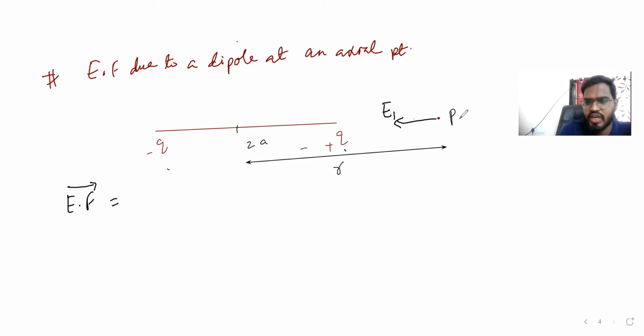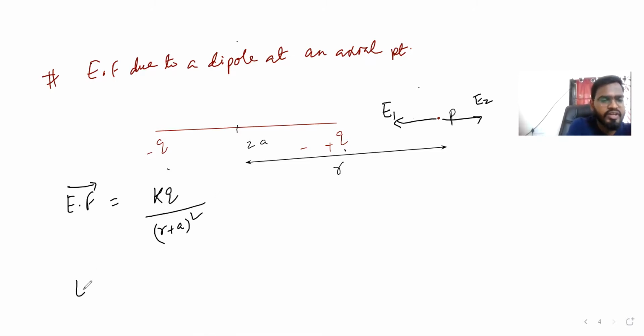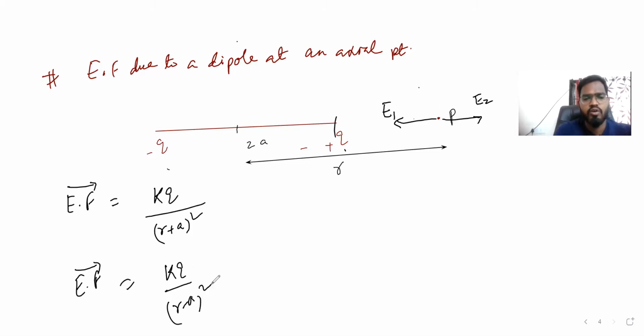The plus charge is positive, so its electric field is in this direction. E1 is equal to kq by (r plus a) whole squared. E2 is kq by (r minus a) whole squared, since the distance from here to here is r minus a.